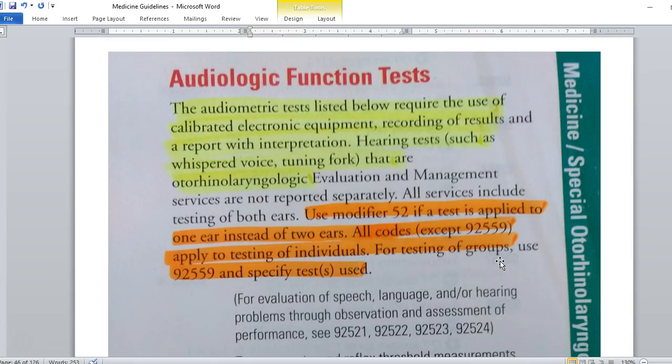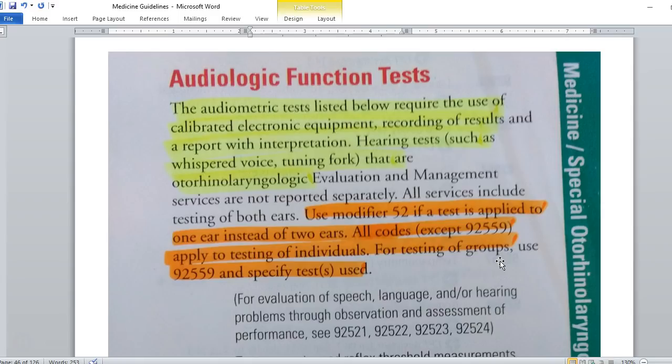Hearing tests such as whispered voice or tuning fork that are otorhinolaryngologic evaluation management services are not reported separately. All services include testing of both ears. Use modifier 52 if a test is applied to one ear instead of two, because again, it's a reduced service. They're supposed to be bilateral. If it's unilateral, we want to use modifier 52. We also might need to tell the insurance company what side. So keep that in mind.